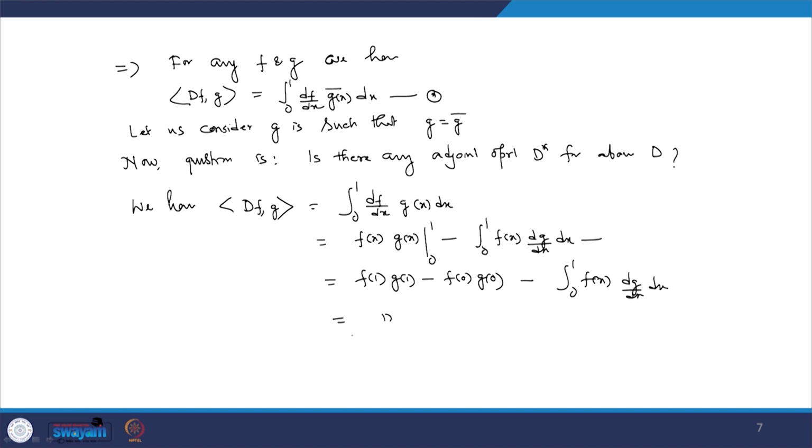So, this is equal to this quantity minus the inner product of f and Dg.